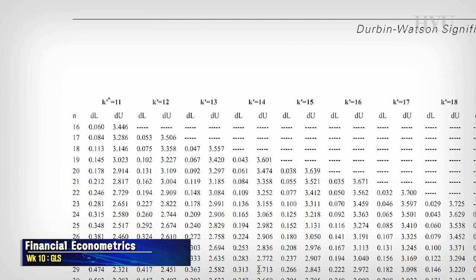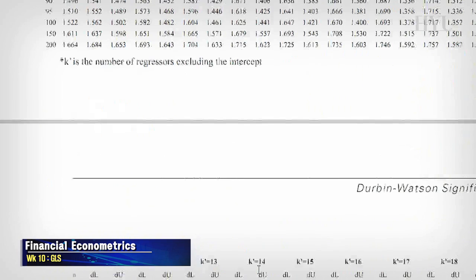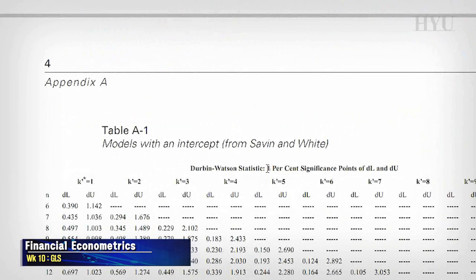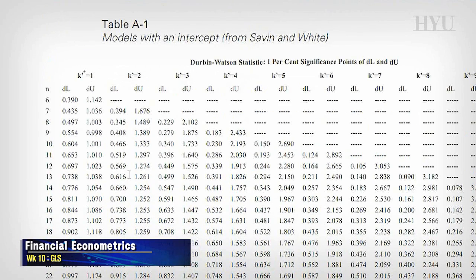Okay, this is the Durbin-Watson statistic, 1% significance point. So suppose we have three factors, and suppose we have an observation count like 17.